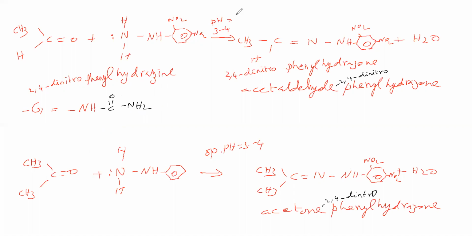We have changed the G. Okay, now we will change G again. So G is so and so. This name is semicarbazide. This is semicarbazide. Okay.